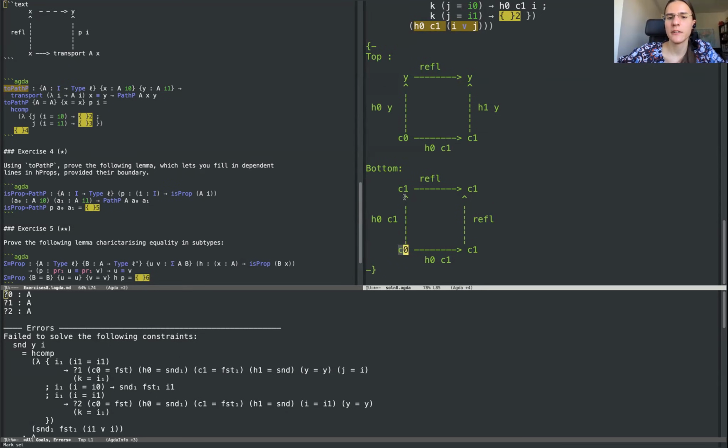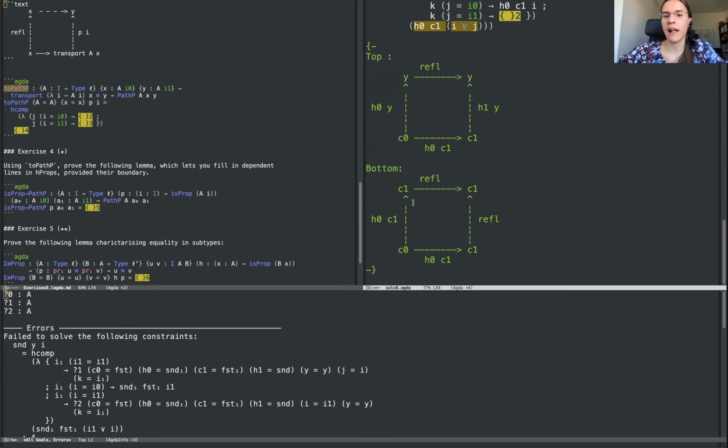Do you agree with that? If one of them is I naught, then the other one traces out this path. Okay, sure. Now imagine that one of them is I1. Then in this entire expression you have a max with I1, so it's just going to be constant at C1, right? Uh-huh. So in other words, this is a filler of the requisite square.